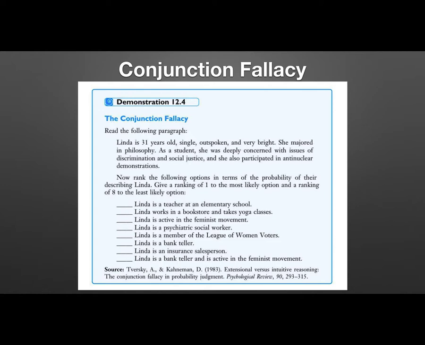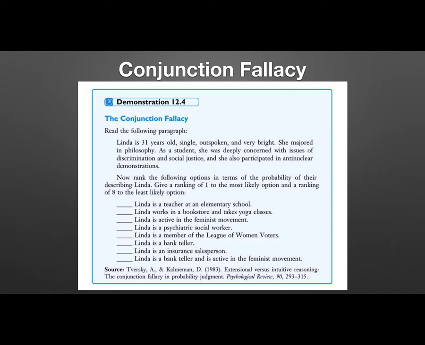Then you get these options, and you're going to rank the probability of these being accurate descriptors of Linda. We've got some things about her profession. We've got things about her being active in the feminist movement. And then we've got some combinations of a profession plus active in this movement.